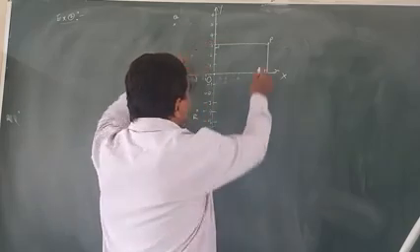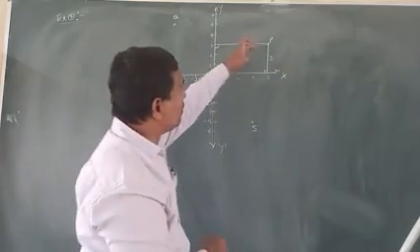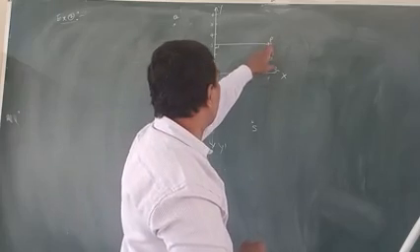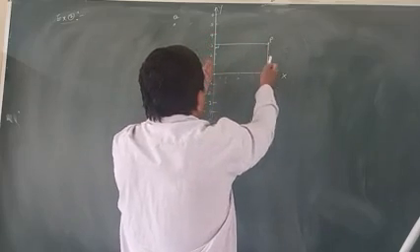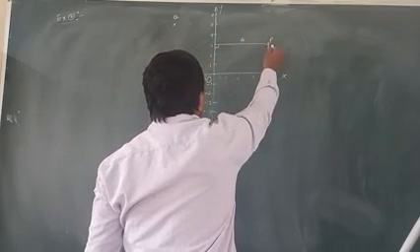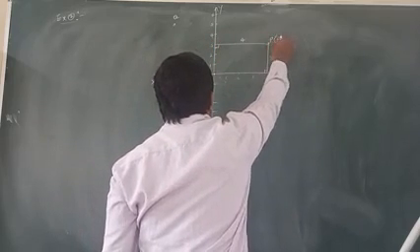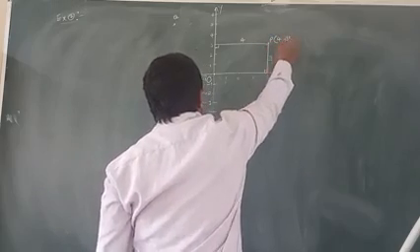How much distance? 3 units. The distance from P to the y-axis is 4 units. The distance from P to the y-axis is the x coordinate. The distance from P to the x-axis is the y coordinate.